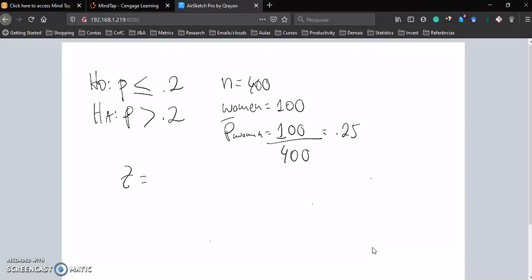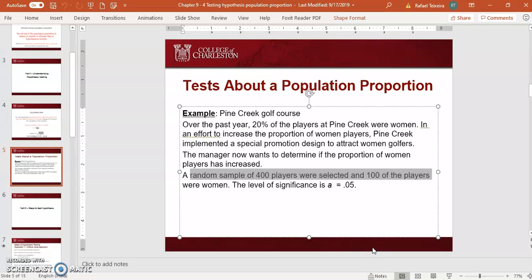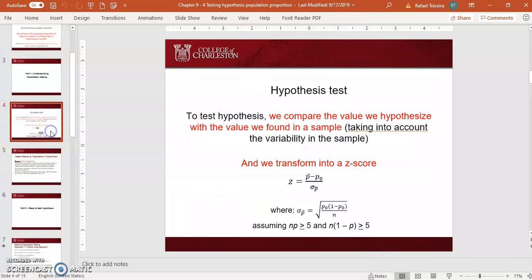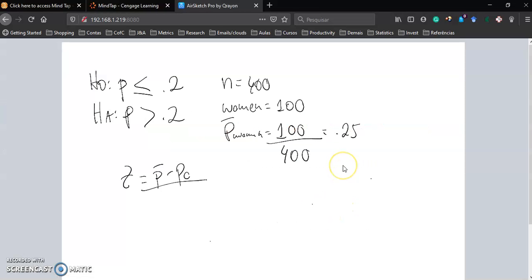So I'm going to have a z-score in which my sample proportion minus my hypothesized proportion is divided by this variability here: the square root of the hypothesized proportion times 1 minus the hypothesized proportion, divided by n.